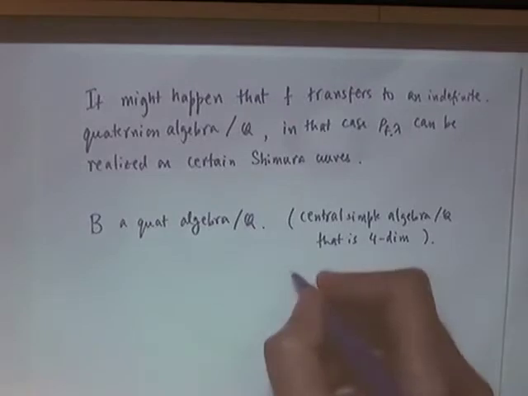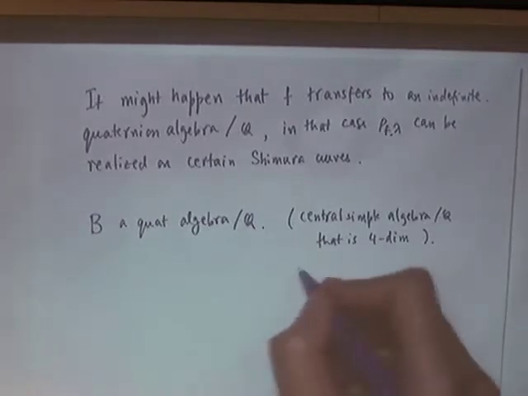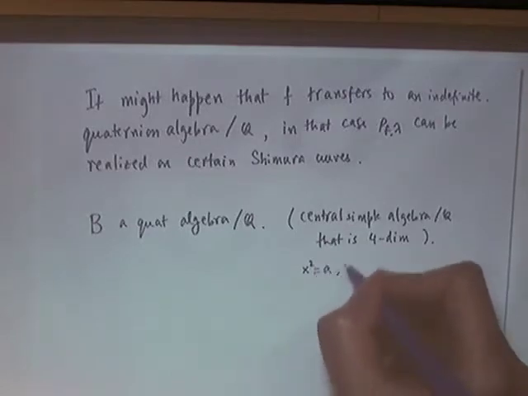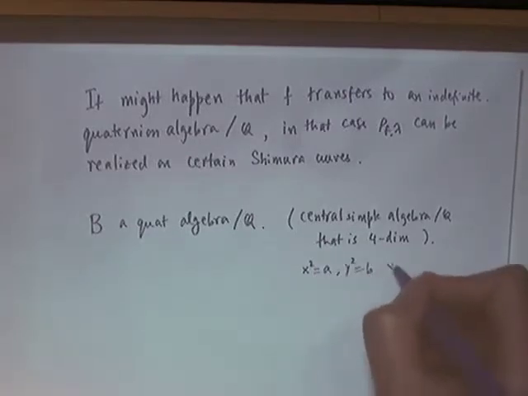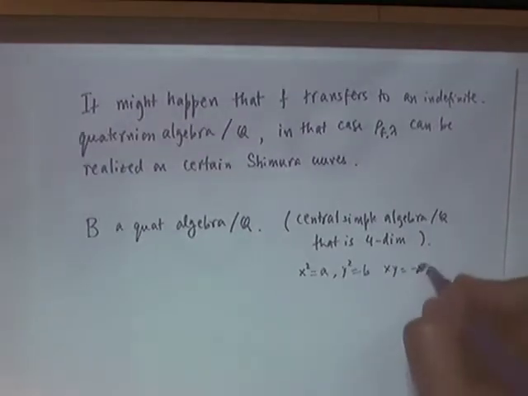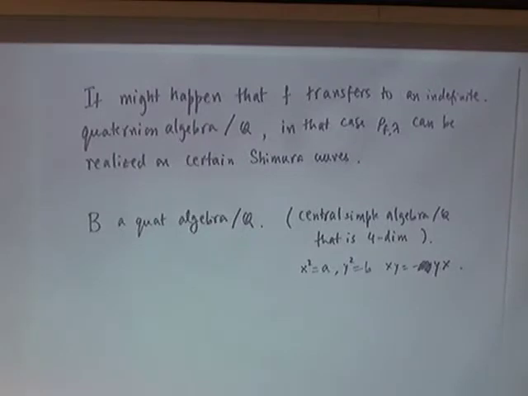So such a thing would be given by a set of equations of the form x squared equals a, y squared equals b, xy equals minus yx, where a and b are rational numbers. And a and b would determine the algebra, right?